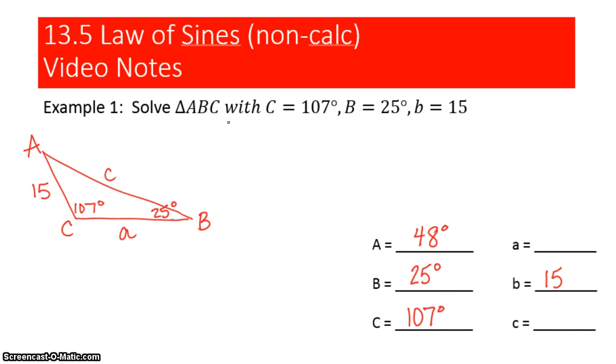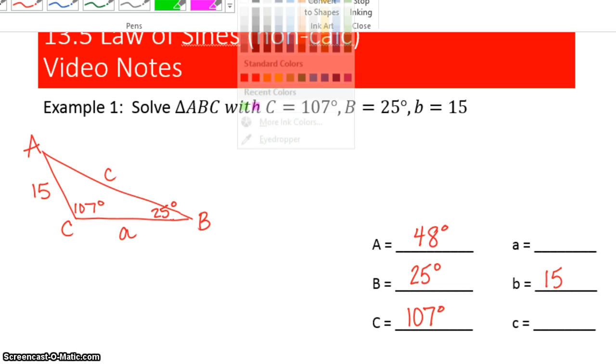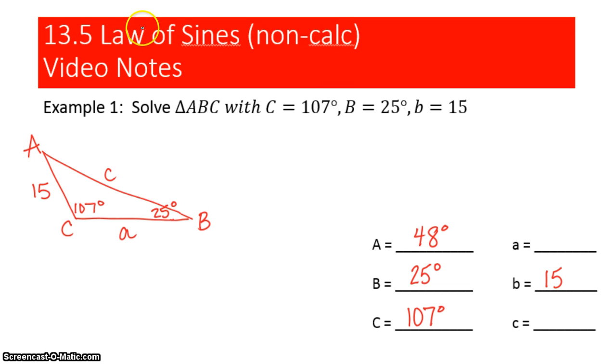Okay, so now we're going to set up our law of sines to find the missing side. So what we can do here is write down everything we have. So we have sine of angle A, we're going to write a capital A because we don't know that, over side A. Well, we don't know either of those.